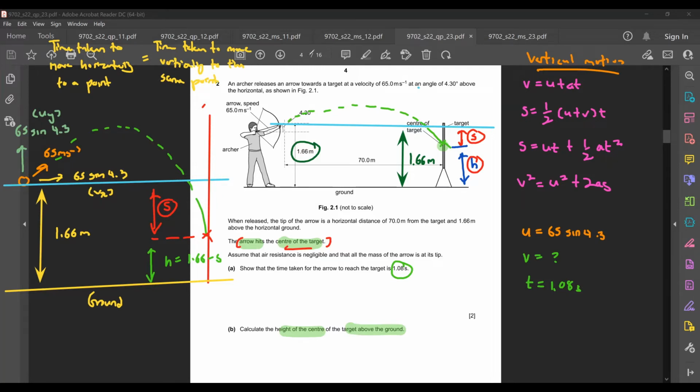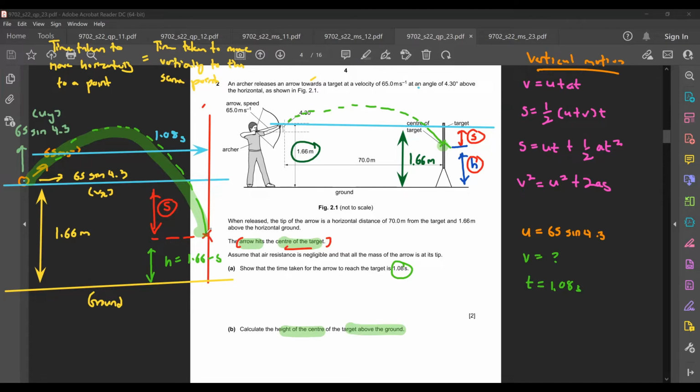Okay, so if you look at the projectile motion case from here all the way to here, horizontally to move from the start to end position, it took you 1.08 seconds to move horizontally from the start to the end point here.